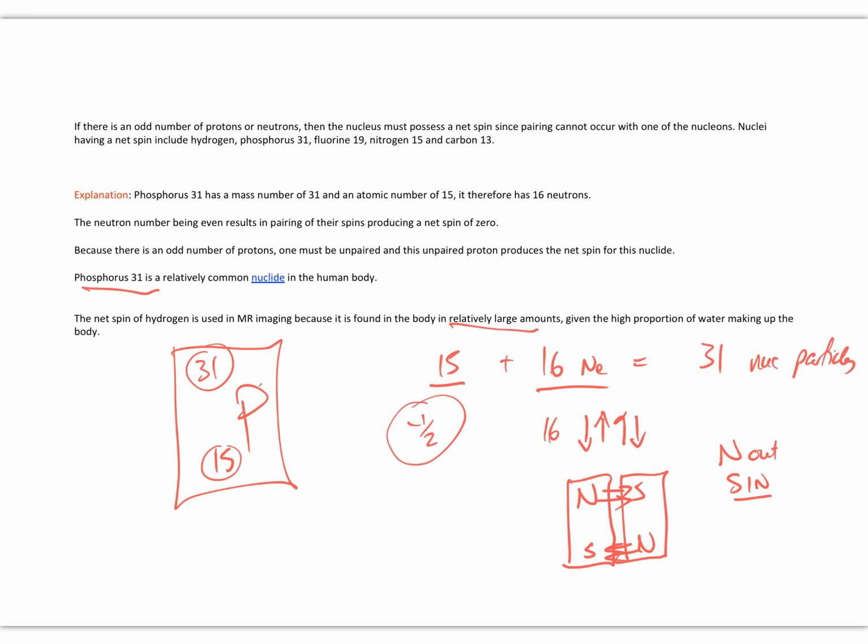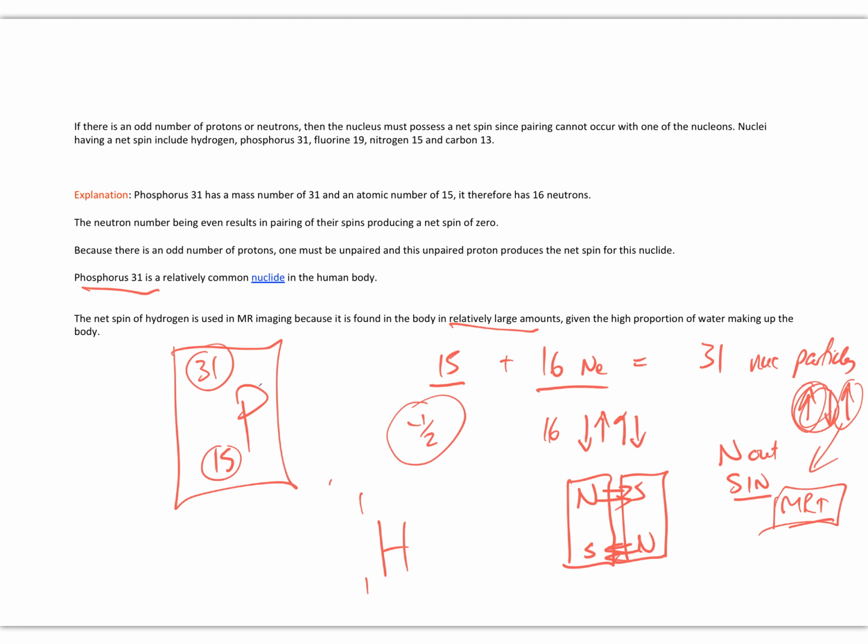We need that nuclei or nuclear particle, the leftover one, so if there's 1, 2, 3, these two cancel, and this one's left. We need that for MRI to work, and we'll see that in a few videos' time. MRI needs substances with a net spin.